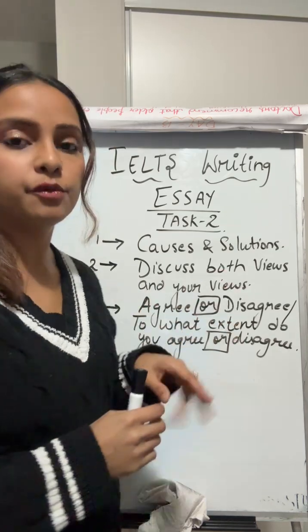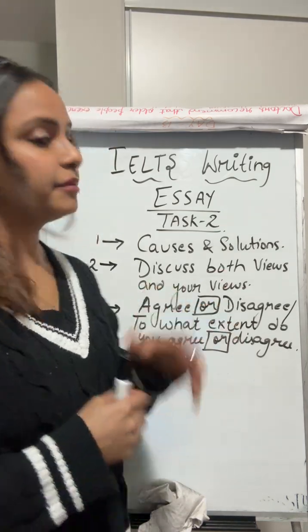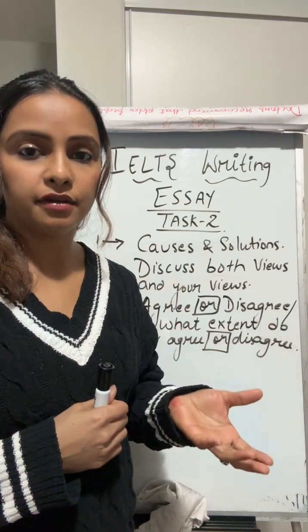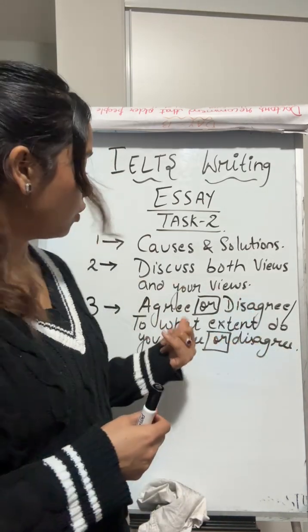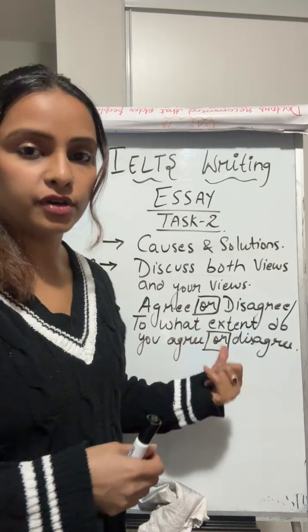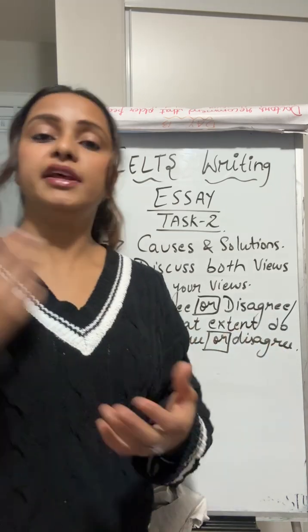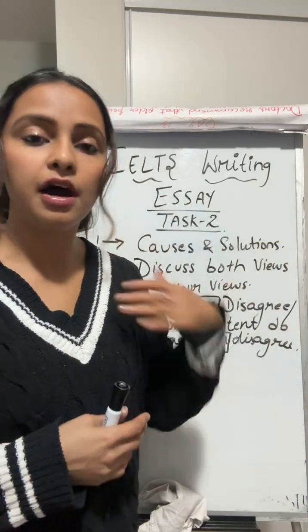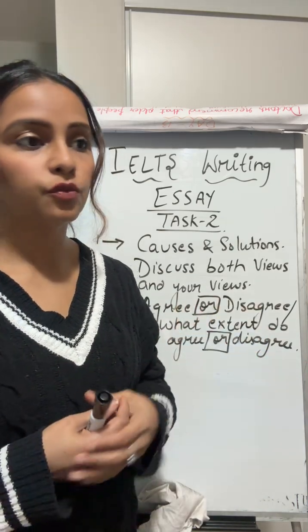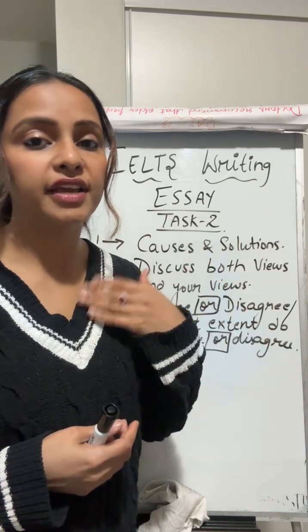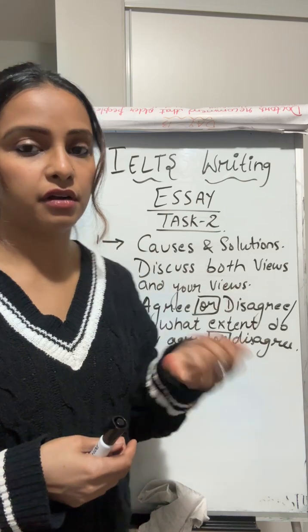That means you're agreeing with the statement. Disagreeing means you're opposing it. You're not with that view. Or to what extent do you agree or disagree? That means whether you're agreeing totally, 100%, 30%, 40%, 70%. So what is the limit of your agreeing part or your disagreeing part?